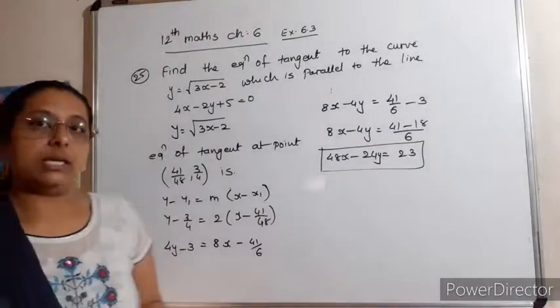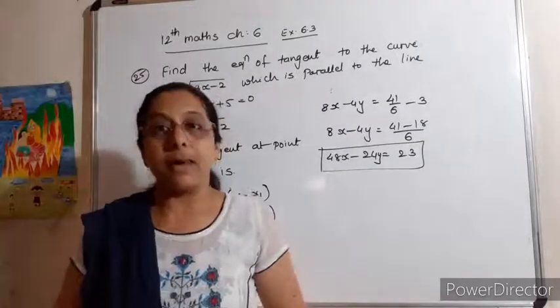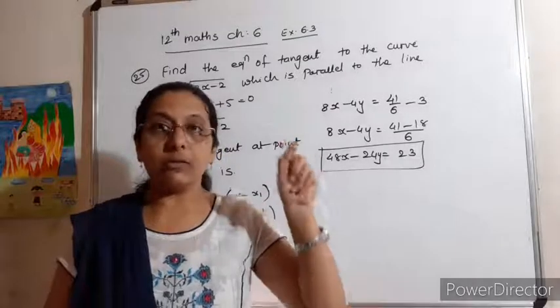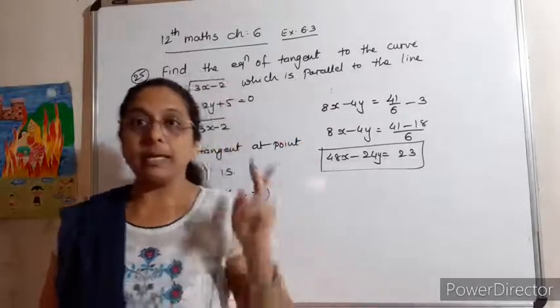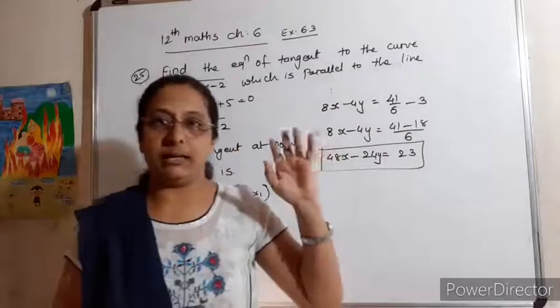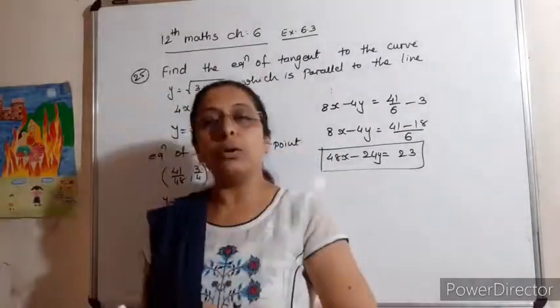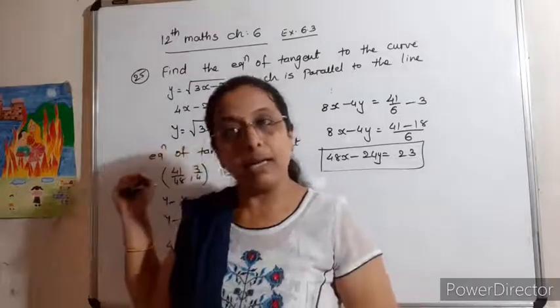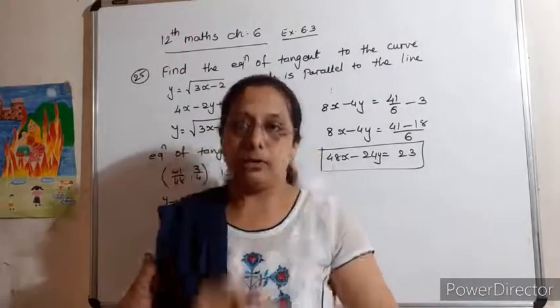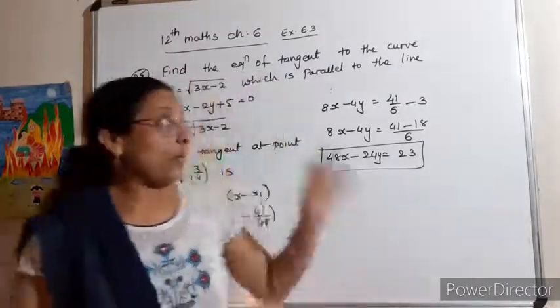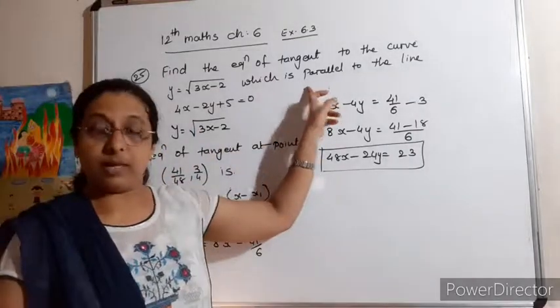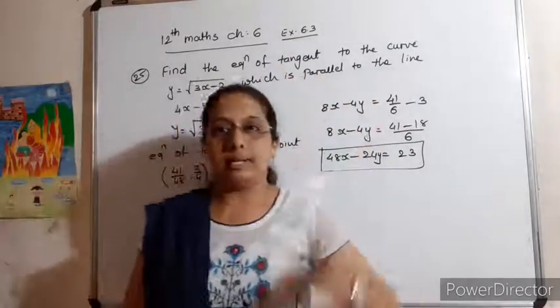Here two things, always remember this method. First of all, for the equation of tangent we need the point and the slope of the tangent. If the point is given, you just find the slope of the tangent by finding the derivative and put it in the equation. But whenever the point is not given, then some condition is given.